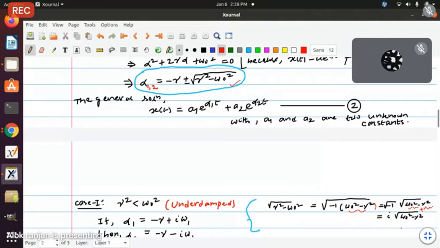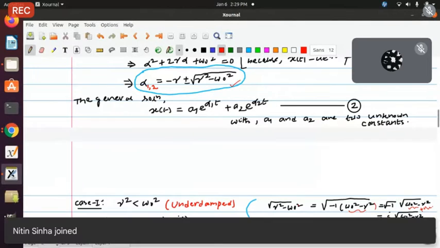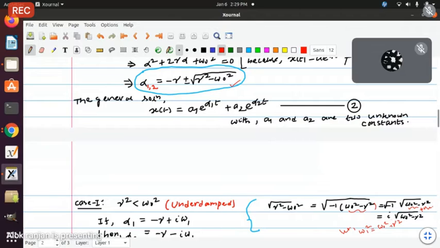Therefore, the square root of gamma square minus omega naught square is simply plus or minus i omega 1.